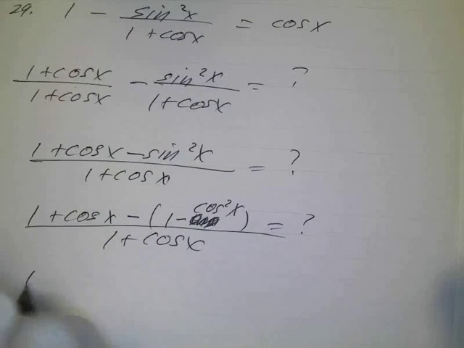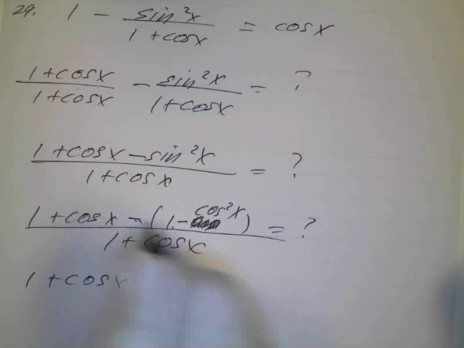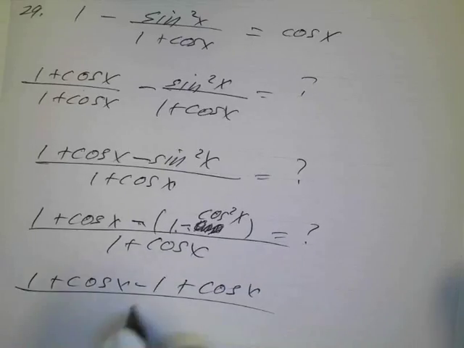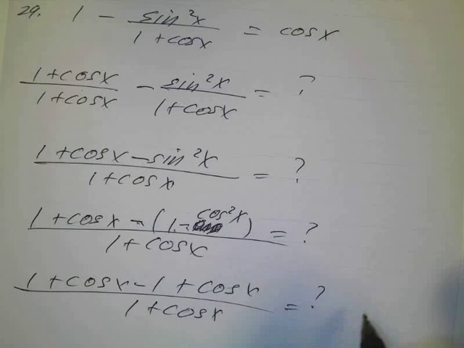Still don't know what that is, but let's remove the parentheses and see what we have. We've got 1 plus the cosine of x, and this is negative 1, and negative times negative is a positive cosine squared of x, all over 1 plus the cosine of x.